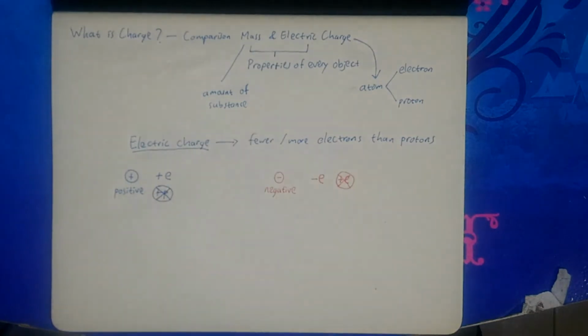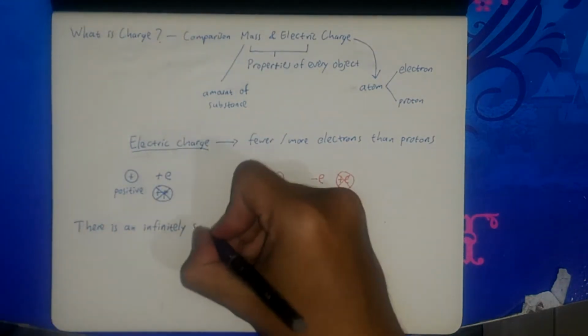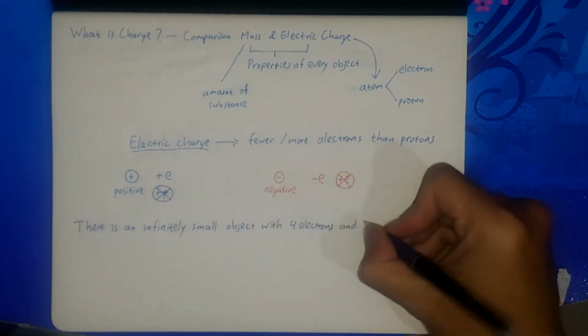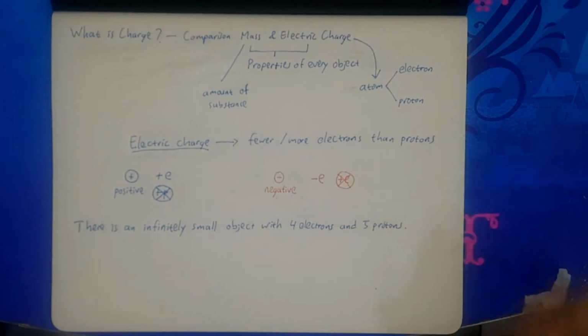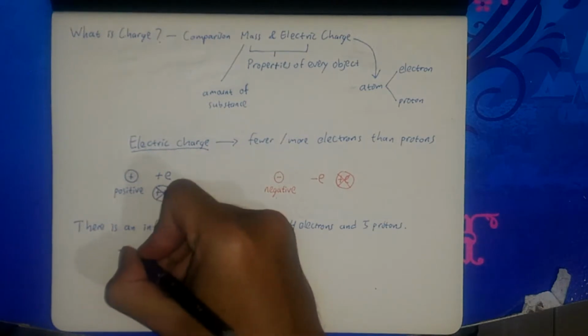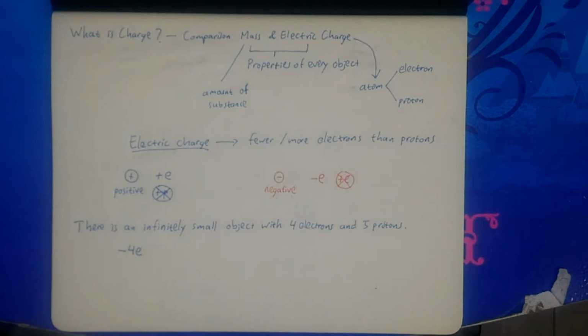So let's try to do a problem. There is an infinitely small object with 4 electrons and 5 protons. The question is, what is the charge of this object? To answer, this object has 4 electrons, so I will write it as negative 4e. Then there are 5 protons.